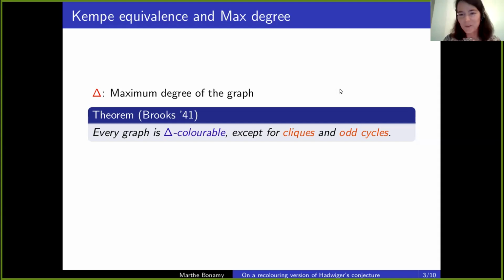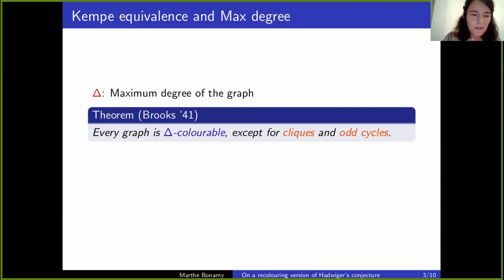Now that I told you about this way to navigate the space of colorings, one thing you can wonder is, this theorem tells you there is one delta-coloring. So what about the others? How do they compare to any given delta-coloring, with this basic operation of Kempe changes?